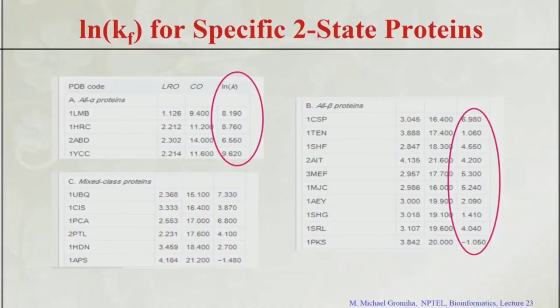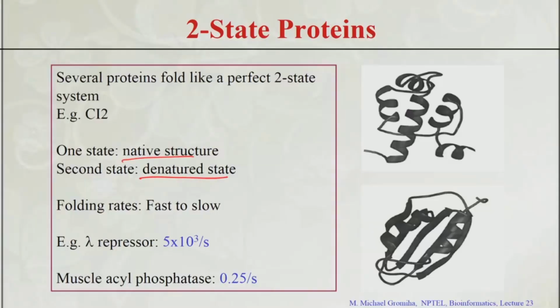Okay, now I give you one example. These are examples of all alpha proteins, and these are all beta proteins. All these proteins are two state proteins and small proteins. What is the meaning of two state proteins? We have two states: one state is the native structure and the other is the unfolded or denatured state. You go from the unfolded state to the folded state with no intermediate.